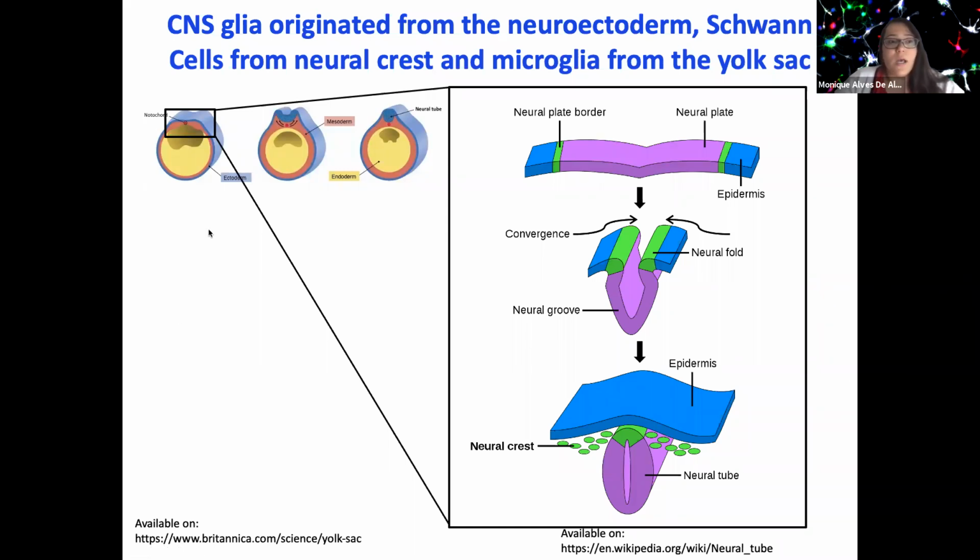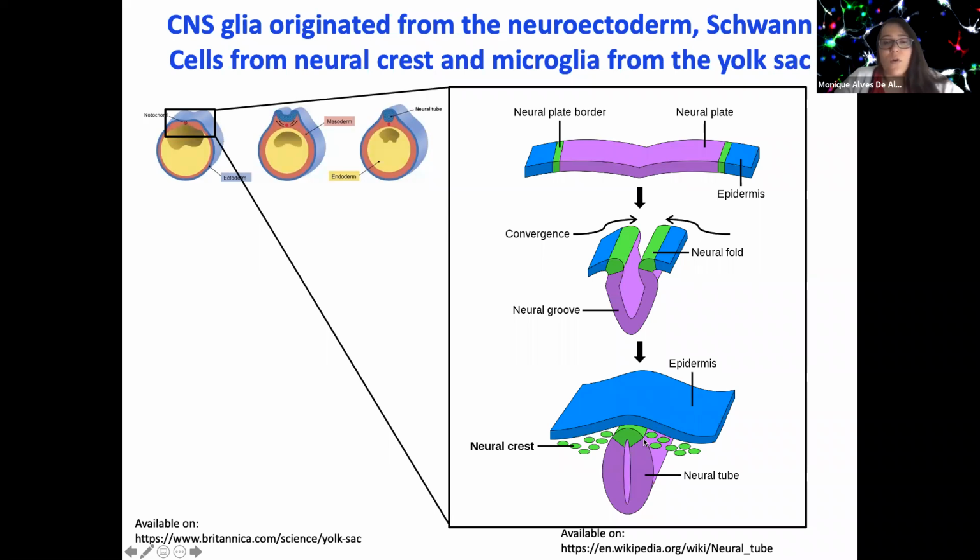So if we zoom in on this portion here and focus on the outer layer, which is the ectoderm, we'll see that this structure will form the neural tube, the neural crest, and the epidermis, each of which will give rise to a different tissue. It's important to highlight here that the neural tube in early embryonic development is formed by neuroepithelial cells.